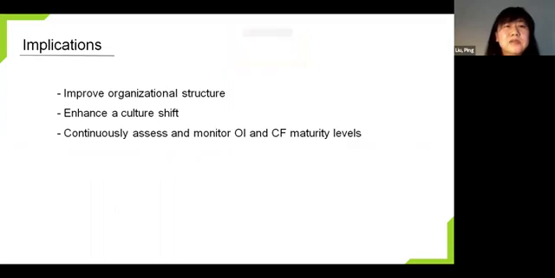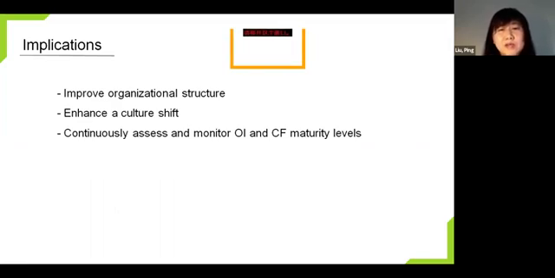For the implications for managers, we suggest they improve the organizational structure and enhance a culture shift that encourages all employees' involvement in the open innovation and corporate foresight activities, and continuously assess and monitor their open innovation and corporate foresight maturity levels.